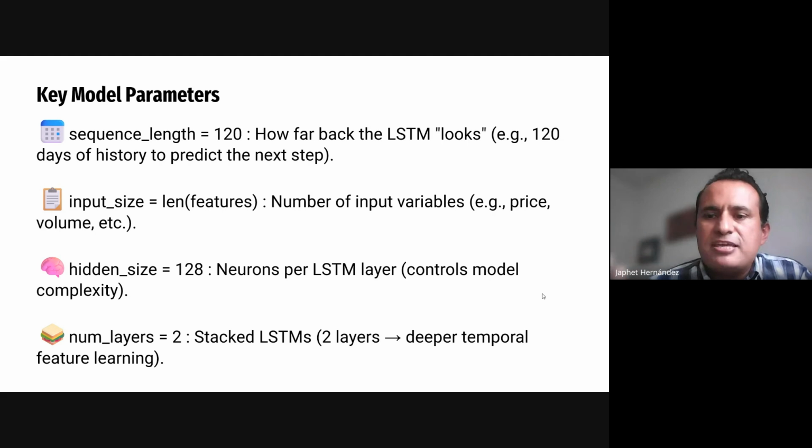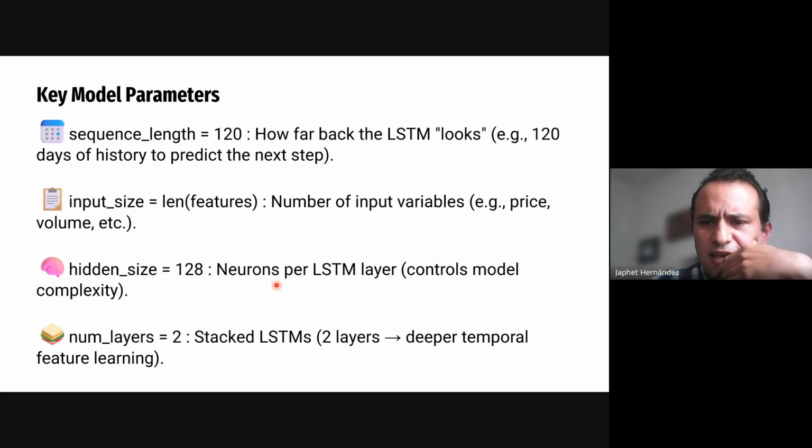It's like reading 120 pages of a book to guess the next plot twist in the story. Also, we have the input size, which is how many variables we are feeding into the model. In our case, it is the full set of open, close, high, low prices and volume. The more features you add, the richer the context, but the harder to train.